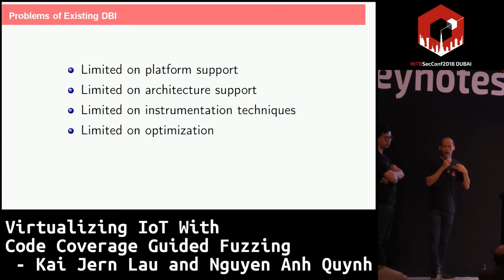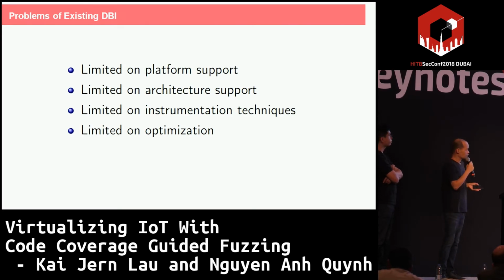But we want to build our fuzzer for embedded systems, which run on ARM, ARM64, MIPS, PowerPC, and so on. The third problem is that the existing DBI do not support many kinds of instrumentation like the ones I already presented. We have four types of instrumentation, right? But the existing DBI do not support all of them.